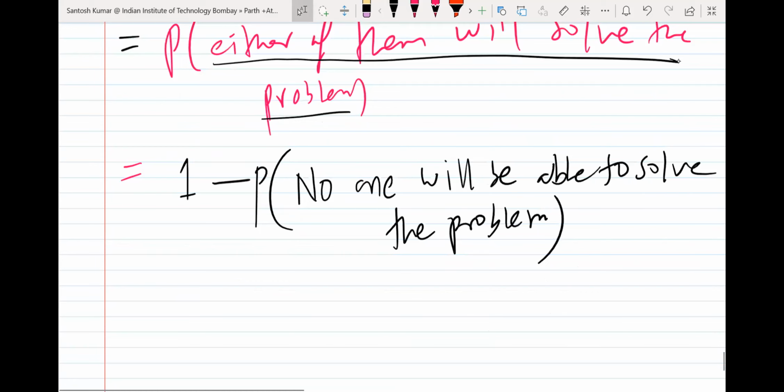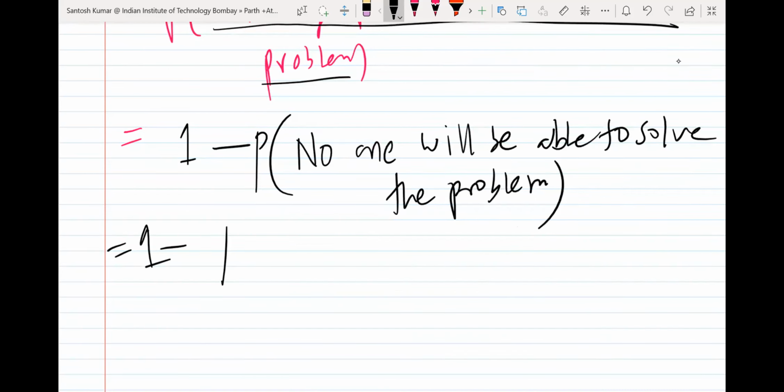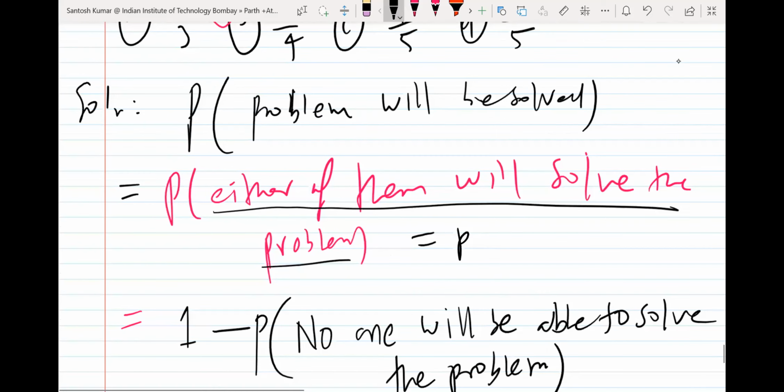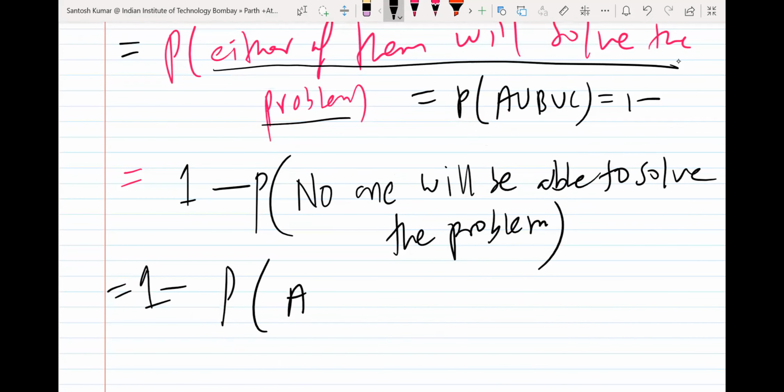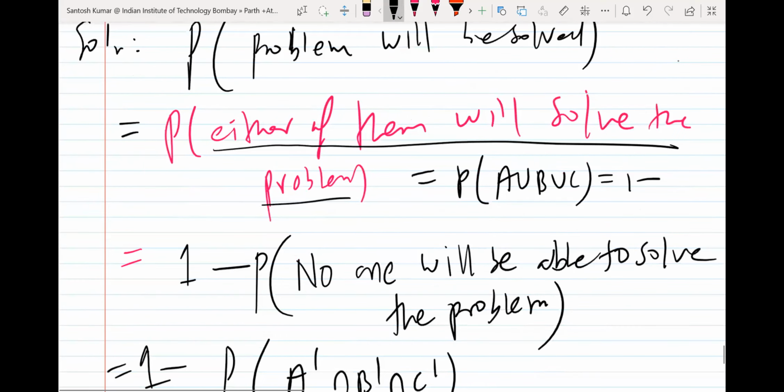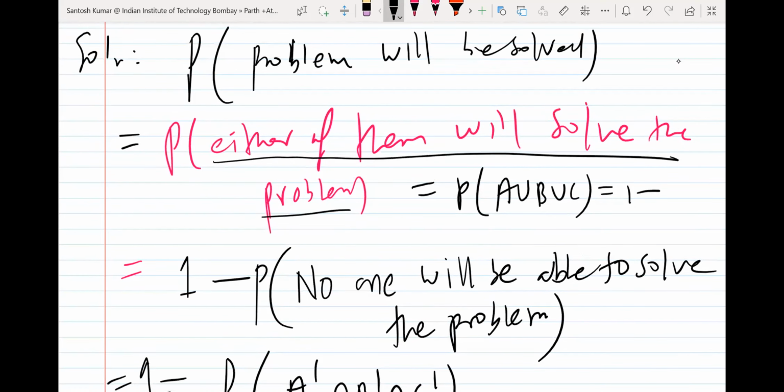Directly you can also write the probability of A union B union C as 1 minus the complement of this. By De Morgan's law, it is A complement intersection B complement and C complement. It's up to you whether you want to go mathematically or logically. Both will be equivalent if you think in the right way. Either of them will solve the problem means either A or B or C, at least one of them will solve the problem. The complement is that no one will be able to solve the problem.